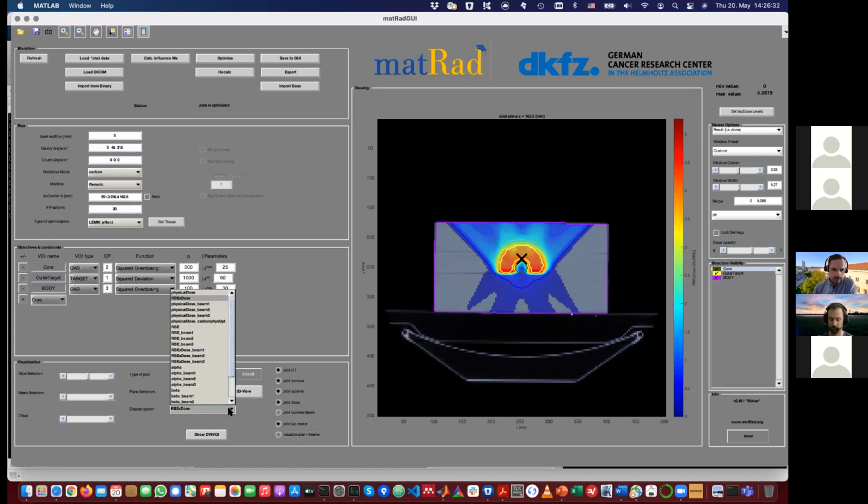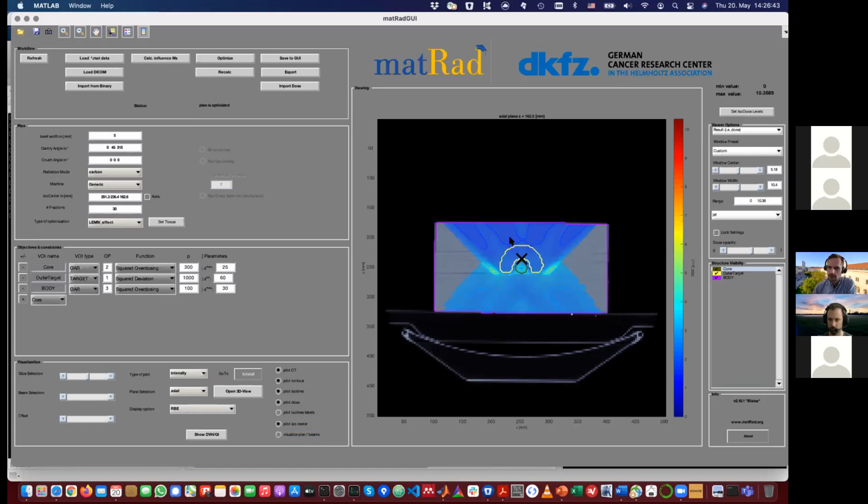And maybe we can also have a look at the RBE, which we can also now select, which is simply the ratio between the RBE weighted dose and the dose. Here we can see that, I mean, the color scale is not optimal, I have to admit, but we have a very high RBE in these low dose regions. But since the dose is so low, it's not so important.